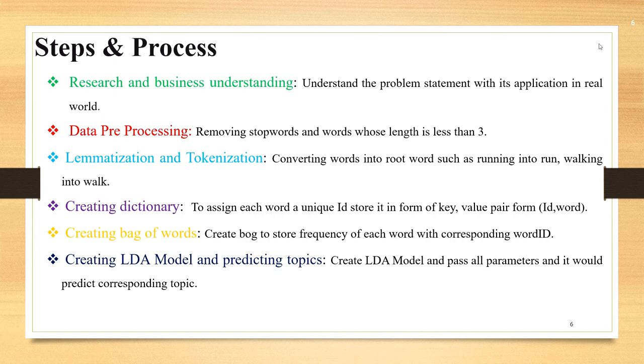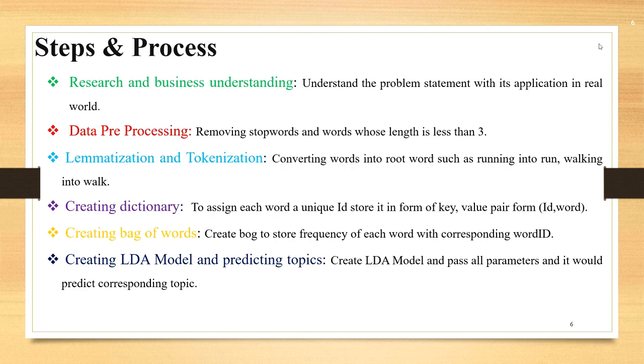And after that, we are creating an LDA model, which is an unsupervised machine learning algorithm, and we will be passing a number of parameters such as the number of topics that we want to predict from our model, and the parameter passes, which controls the number of times the model will iterate over the corpus during training, and workers, which controls the number of worker threads to use during the training. So this is all about the implementation of our project.